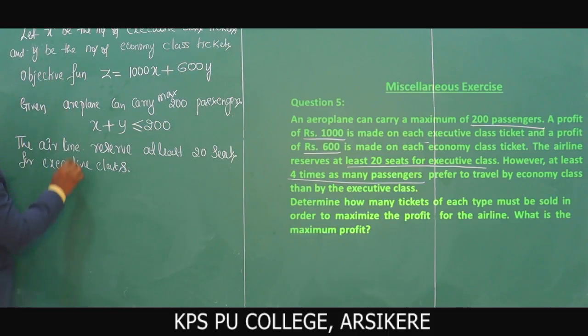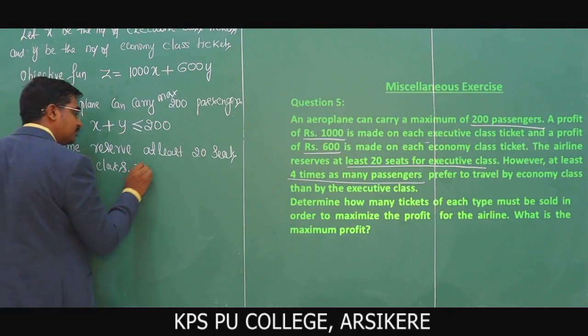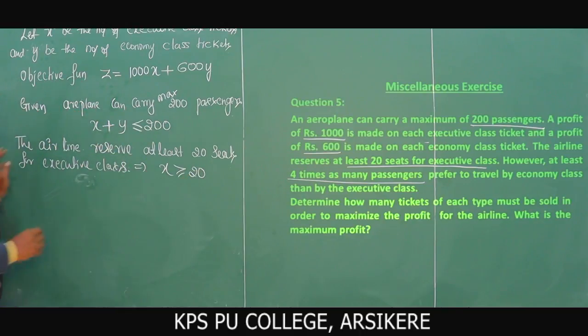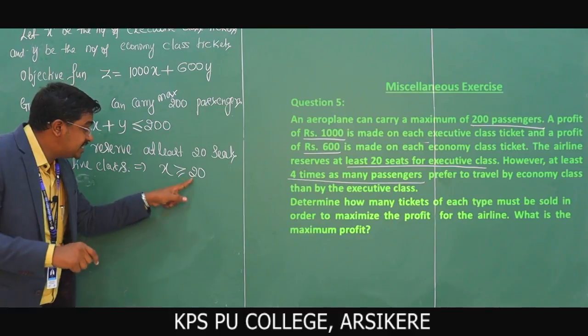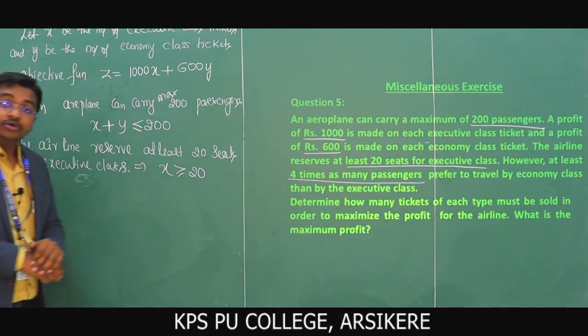What is x here? x is the number of tickets of executive class. So at least, which implies x greater than or equal to 20. The airline must reserve at least 20 seats for executive class. x greater than or equal to 20.